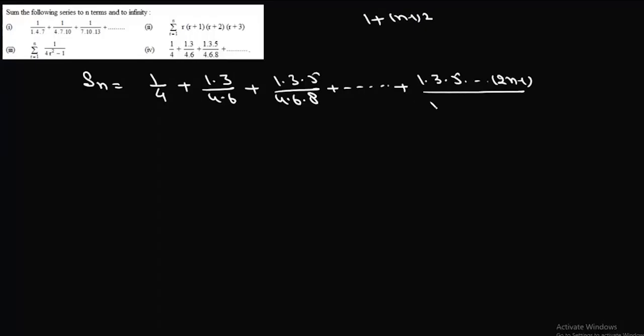And here this is 4, 6, 8, which again is an AP. So this is a plus n minus 1 into d, which is 2n plus 2. 4, 6, 8, and this is 1, 3, 5. What seems to be missing is 2. So what we'll do is we'll multiply and divide everything with 2.